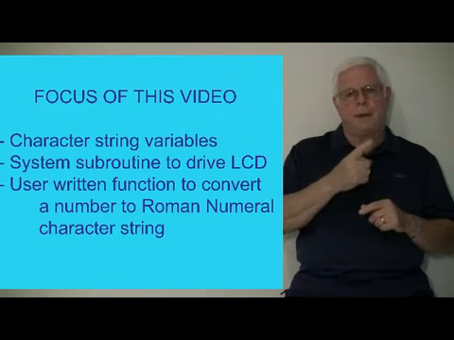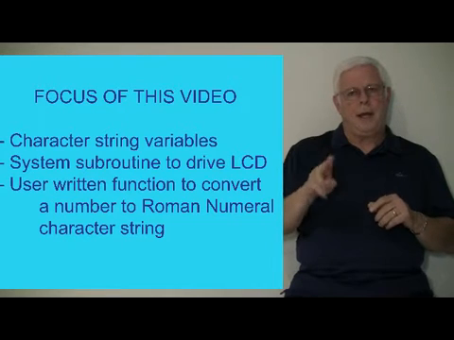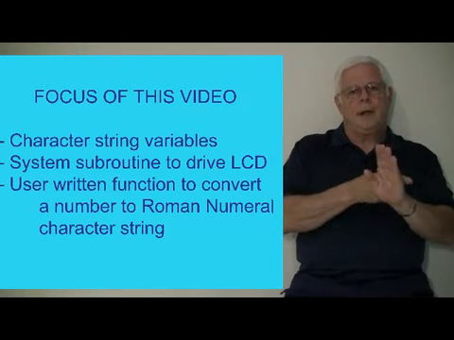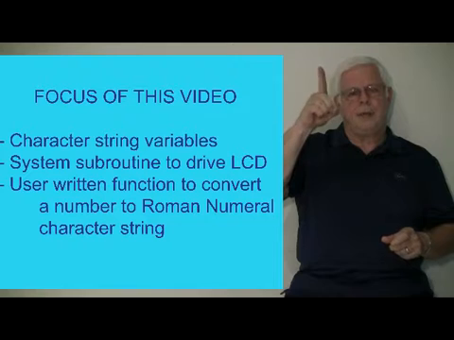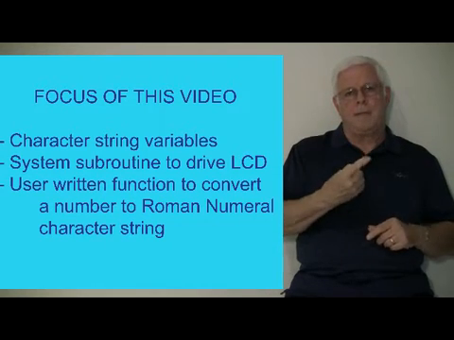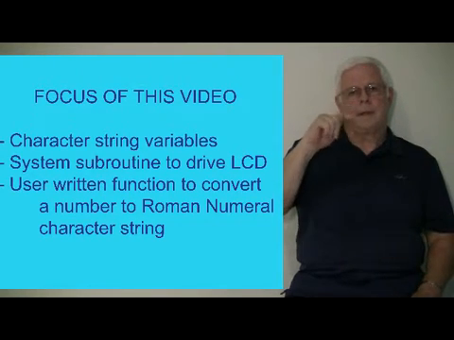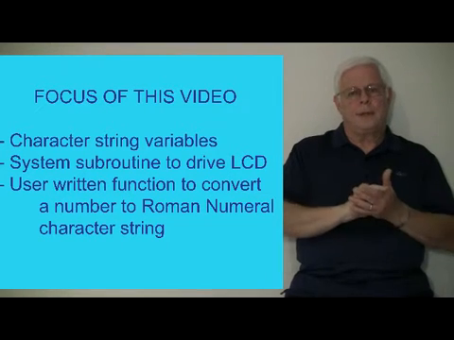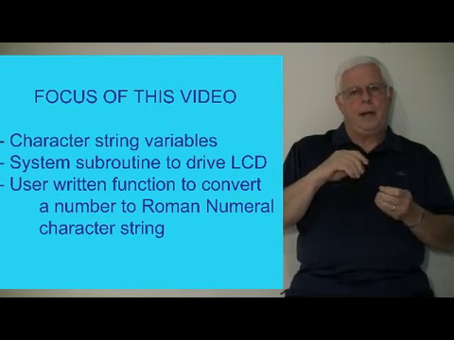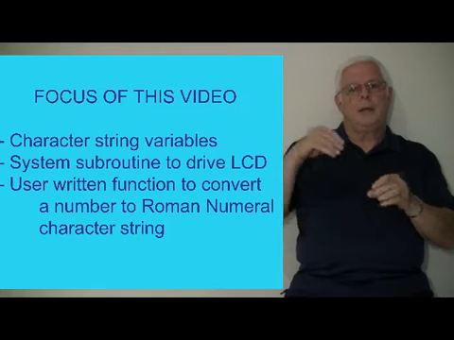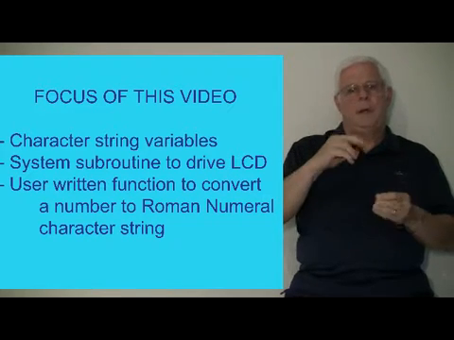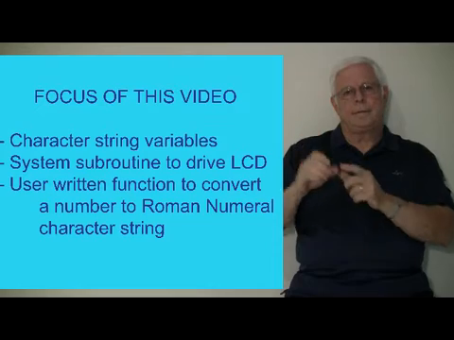Then we're going to be talking about using a subprogram to control our LCD. And then we're going to be talking about functions that convert a number and change it into a Roman number character string.